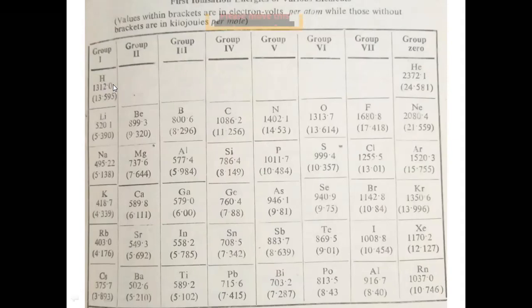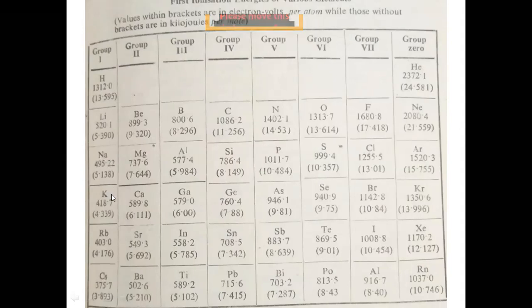Look at the hydrogen ionization potential, 1312 kilojoule per mole. Look at lithium, it is 520 kilojoule per mole. Look at sodium, it is again less.